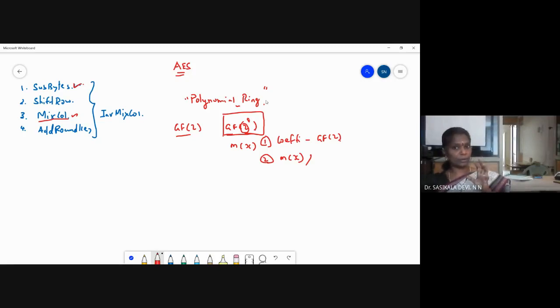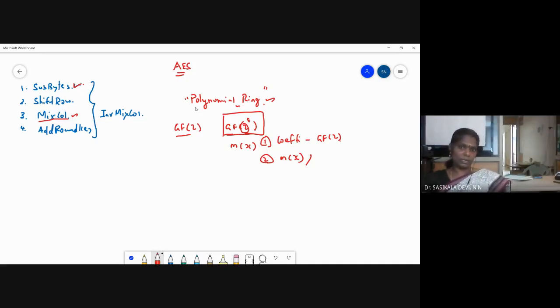I'll repeat again: in a polynomial ring, the coefficient itself is a polynomial. The coefficient addition and reduction are based on GF(2^8) arithmetic, and the entire group addition or multiplication is reduced by m(x) over the polynomial ring. Slightly a complex approach.